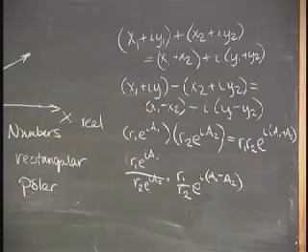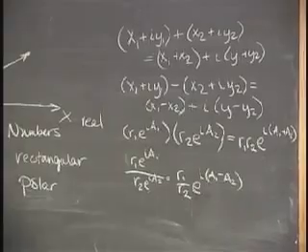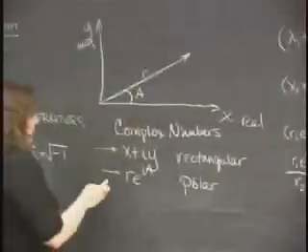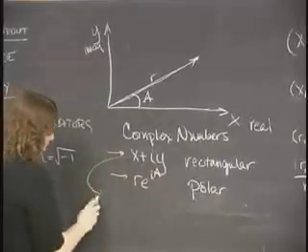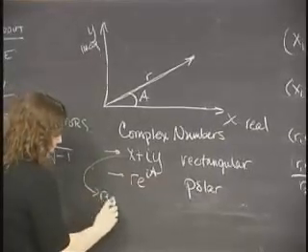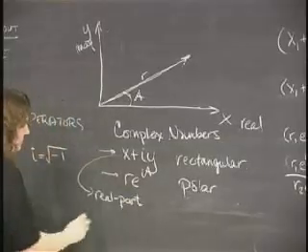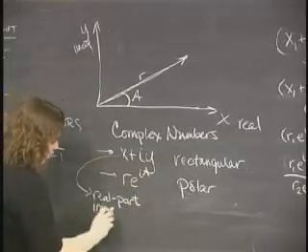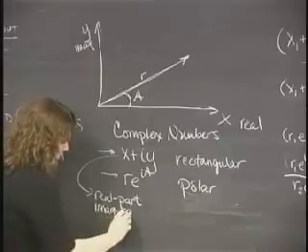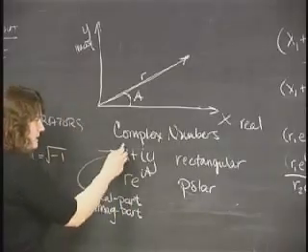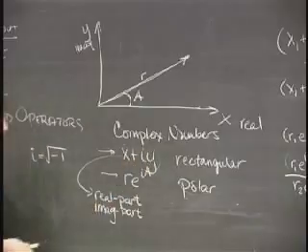So let's write Scheme procedures. And let's assume that we've got some constructors and some selectors. Let's assume that for rectangular numbers, we have real part and imag part. The real part will pull out the x, the imaginary part will pull out the y.